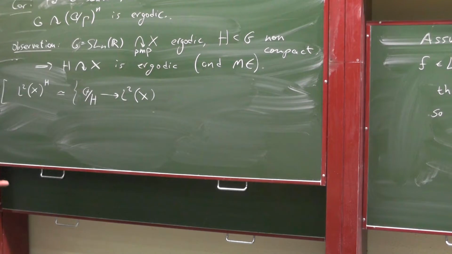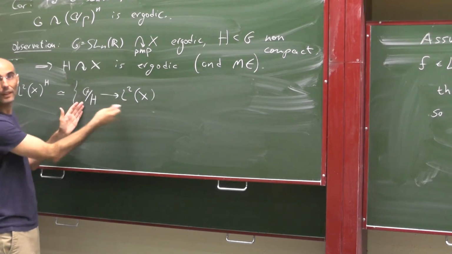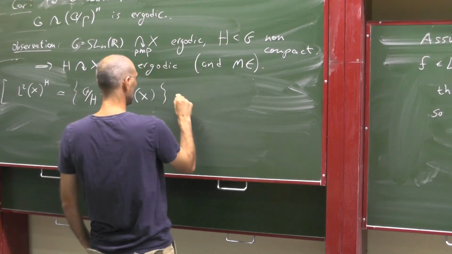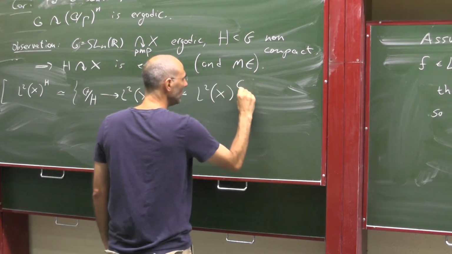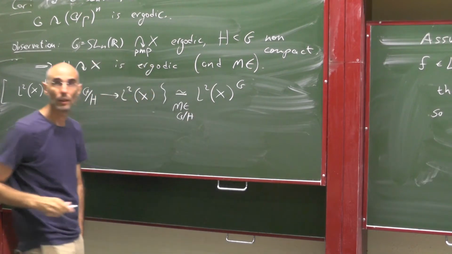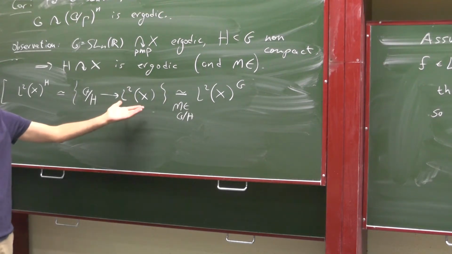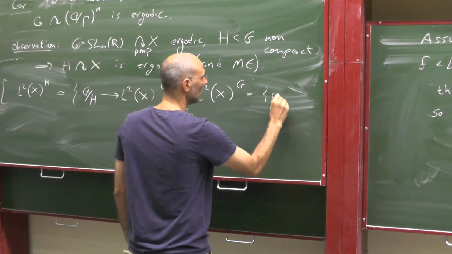I mean, just take the orbit of that H fixed point. Now I just have to say metric ergodicity. This is equivalent to L2(X) to the G. This is metric ergodicity of G mod H. Right? You cannot map G mod H into this metric space unless you hit a G fixed point. And these are the constants.